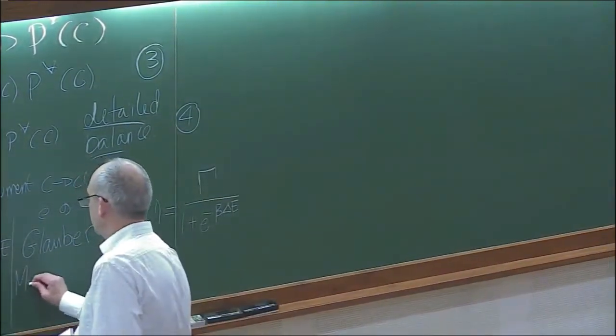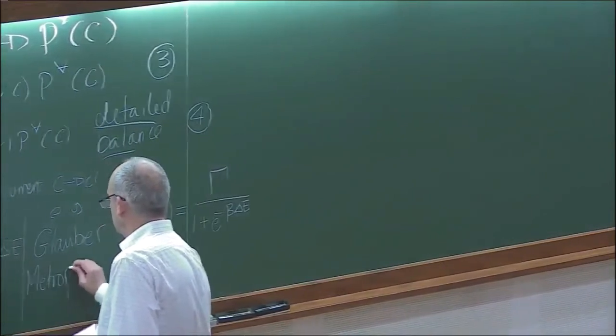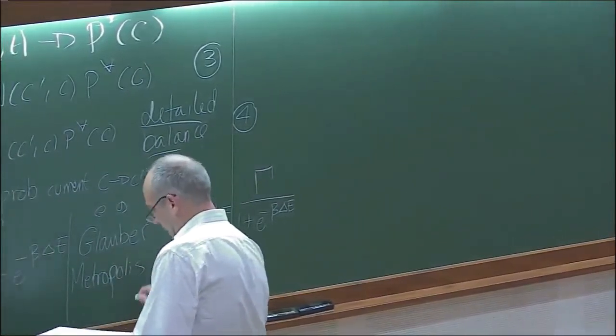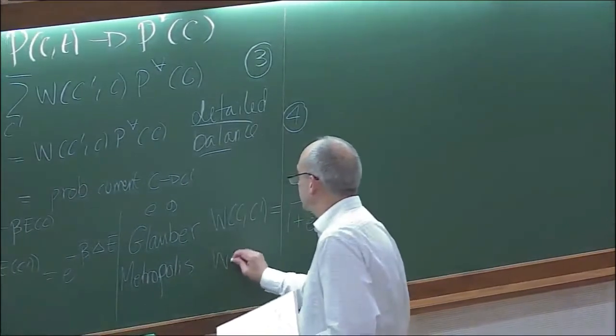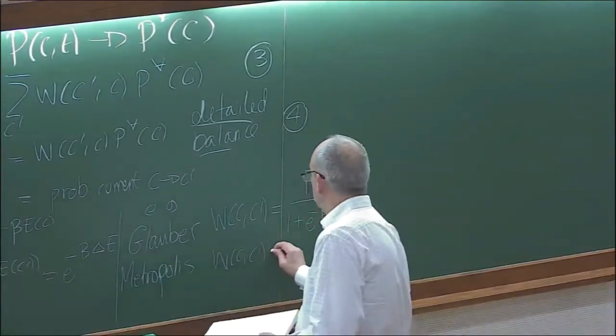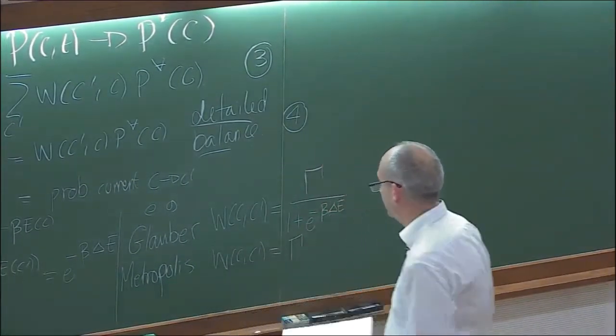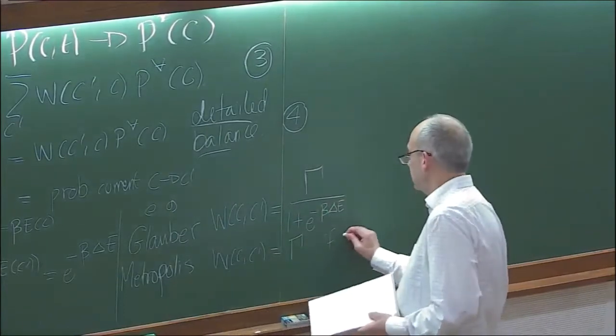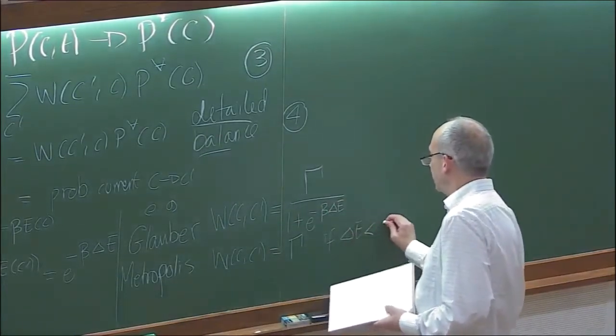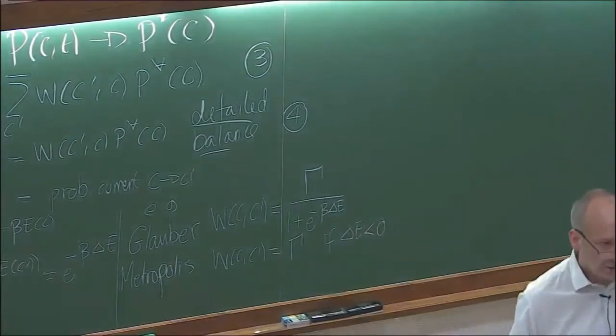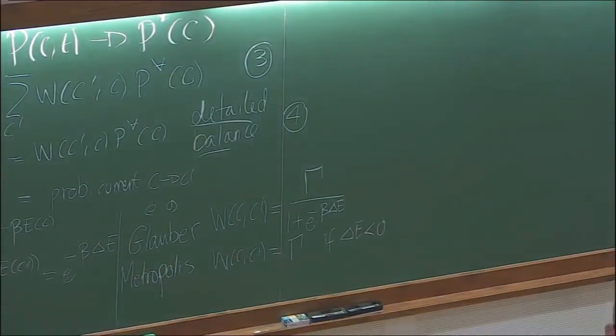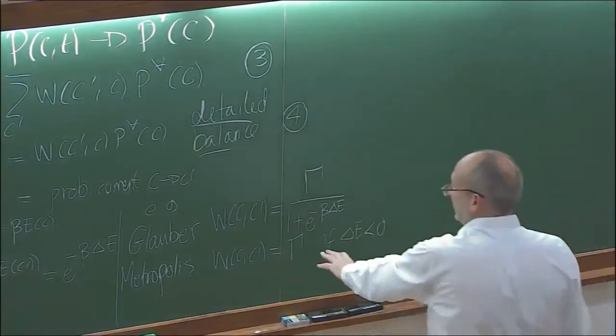What's known as Metropolis is if we choose the transition rate to be some constant rate gamma if delta E is less than 0. So if the change in our system configuration decreases the energy, then we just give it some rate gamma.